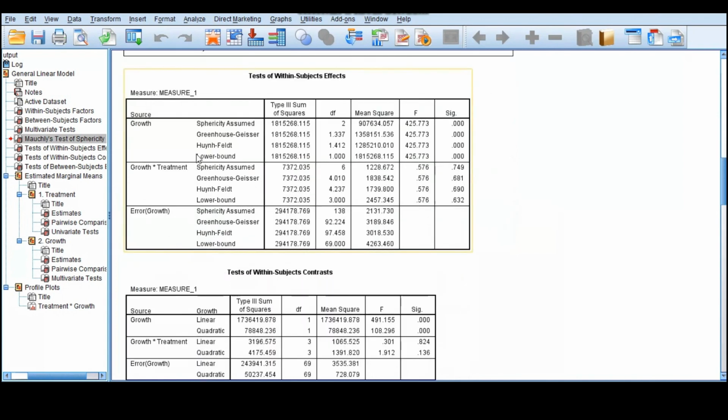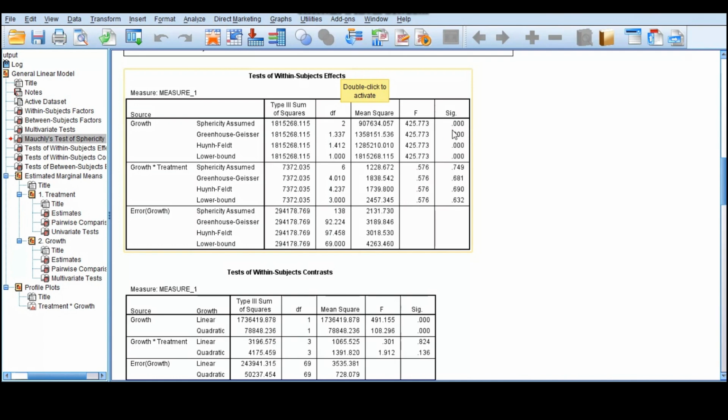When you come here to the growth, we are not going to use the sphericity assumed, because we've already seen that it has violated that assumption. So we are going to use the Greenhouse-Geisser.